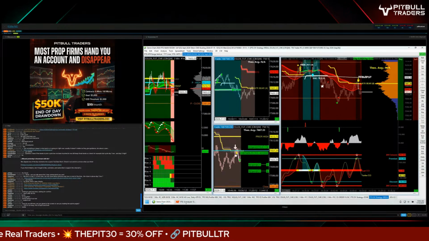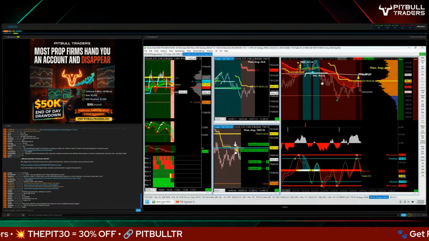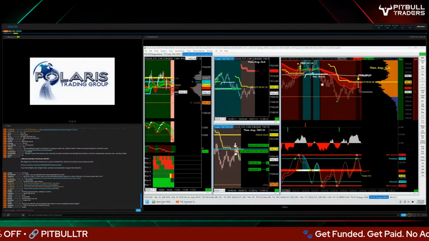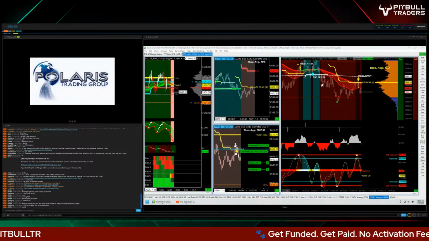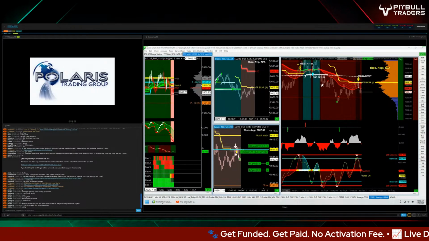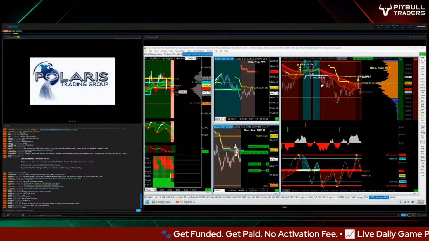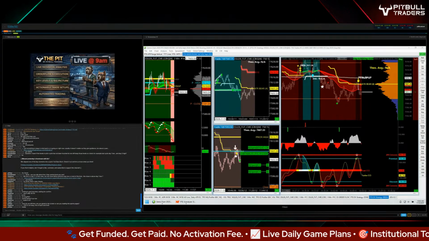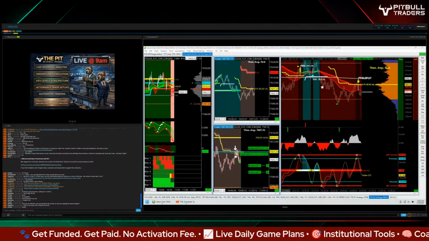So the auto trader, when that criteria is valid, is there doing the job for you, taking that trade. So using an ATA, what we call the auto trade assistant, is very helpful.